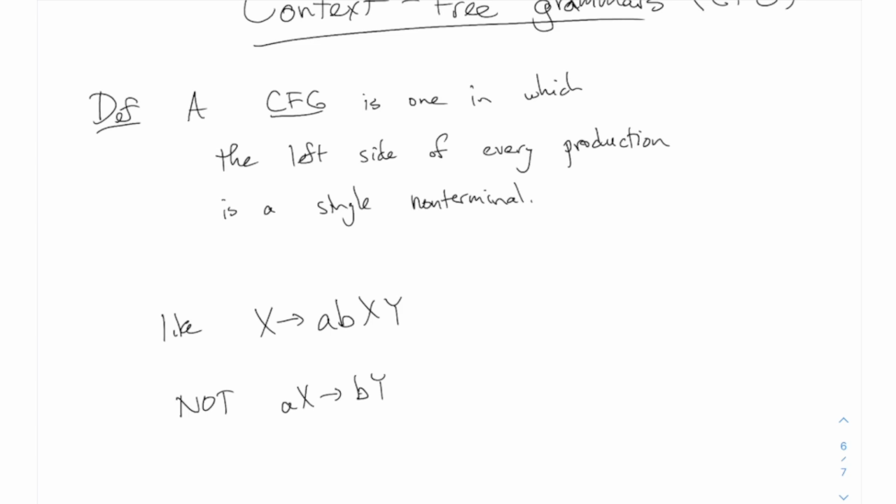Context-free versus, like, what does this have to do with context? Almost all the examples we've ever seen have been context-free. When you put other stuff on the left side, you should regard this as very weird, and we're usually not going to talk about grammars that do that because it's very weird and hard to analyze, really.